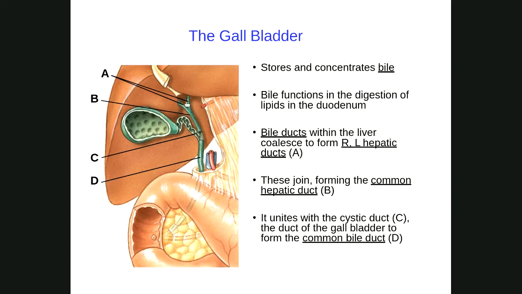So you can see here in the figure that in the liver there are a left and right hepatic duct that join together, making the common hepatic duct. And this common hepatic duct will release the bile that will be stored later on by the gallbladder.